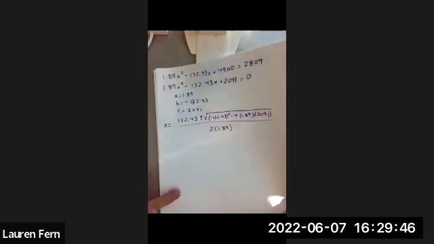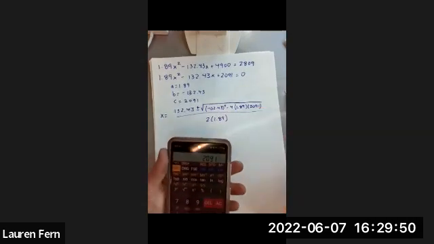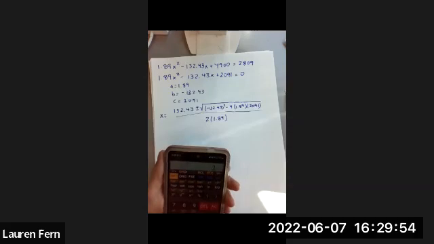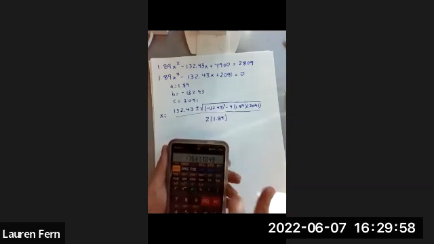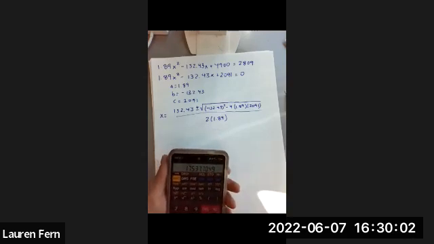Now, what I would do at this point is just do this computation underneath my radical. So I would take 132.43 and square it. And then I would take minus 4 times 1.89 times 2091.